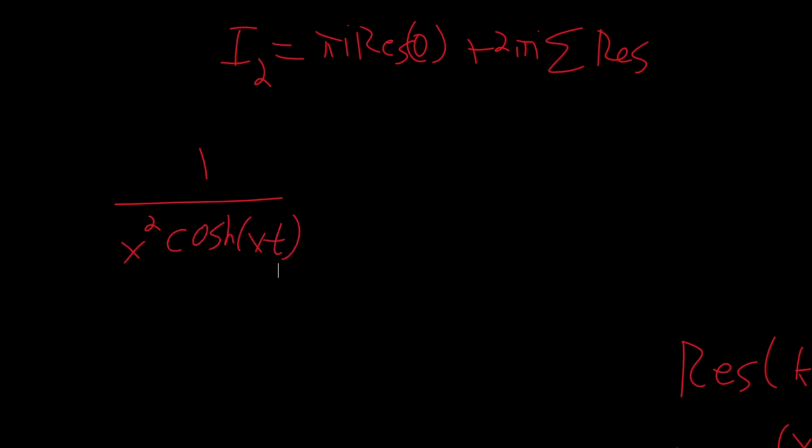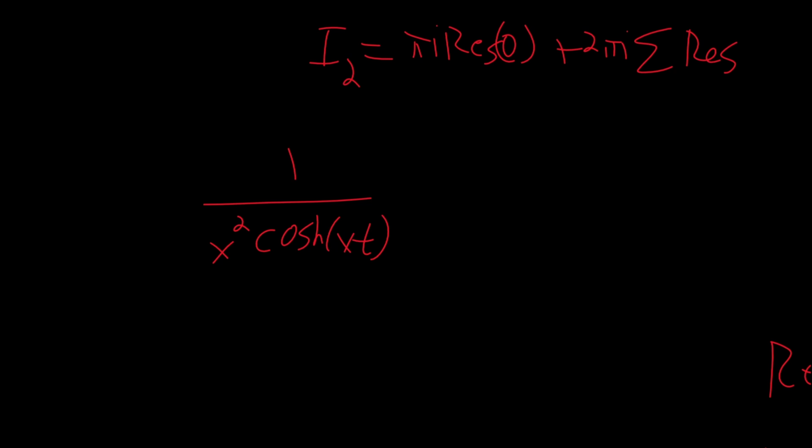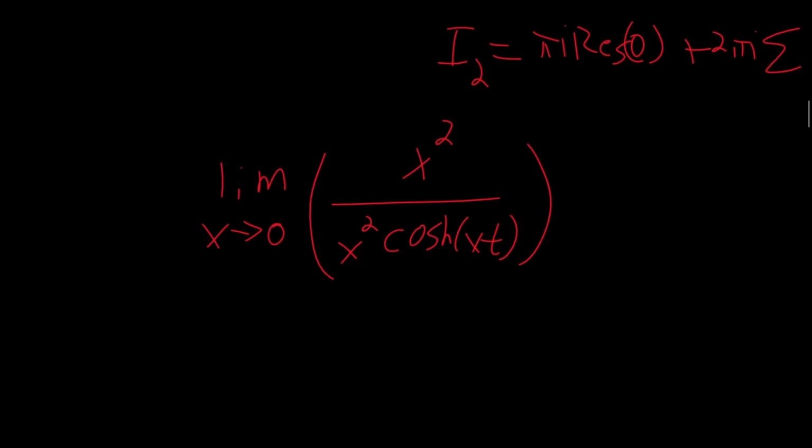So by the residue theorem, we're going to multiply top and bottom by x squared, and take the limit as this approaches 0. And again, I do apologize, this should be a derivative term. It's the limit as x approaches 0 of the derivative of all this, actually.